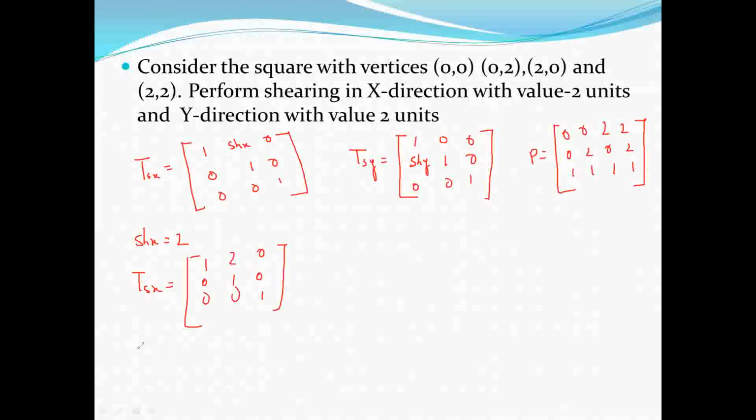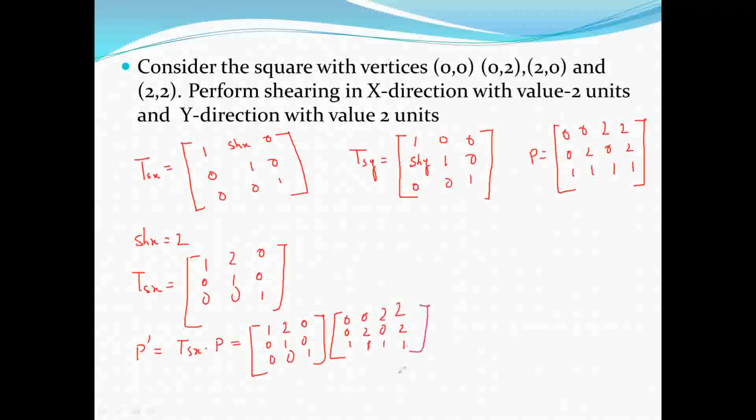That means your new P dash will be T of Sx dot P. It is very simple. It will be 1, 0, 0; 2, 1, 0; 0, 0, 1, and then write down the points 0, 0, 1; 0, 2, 1; 2, 0, 1; and 2, 2, 1. If you multiply, you will get the answer.